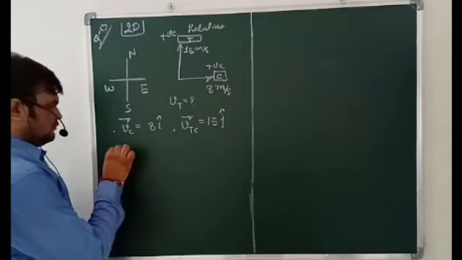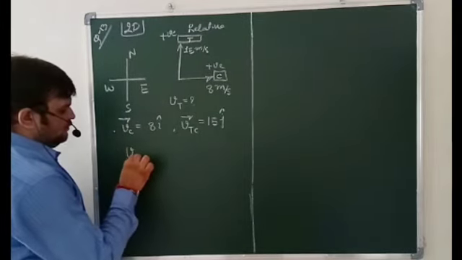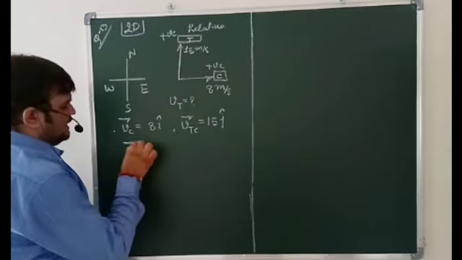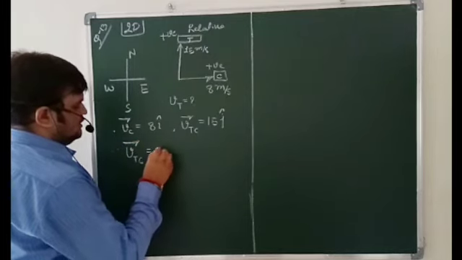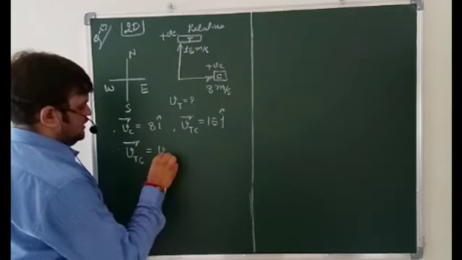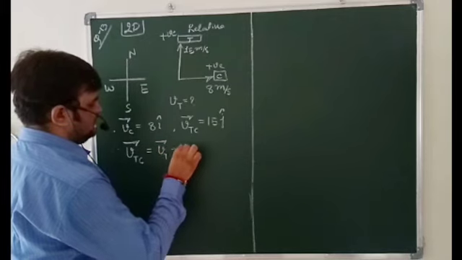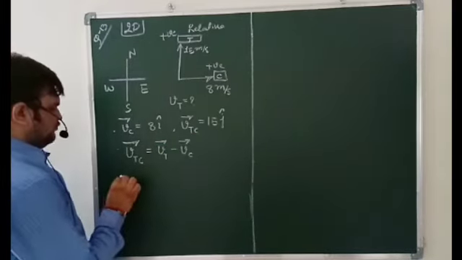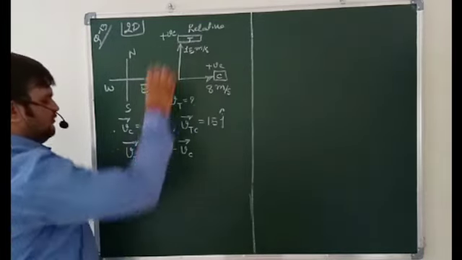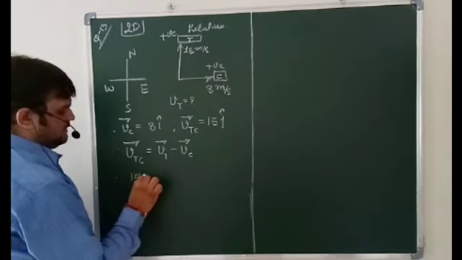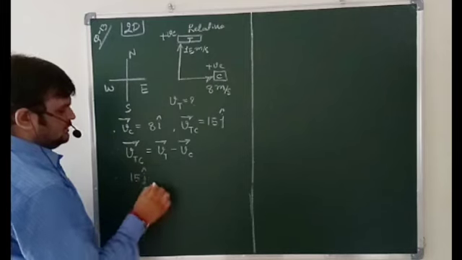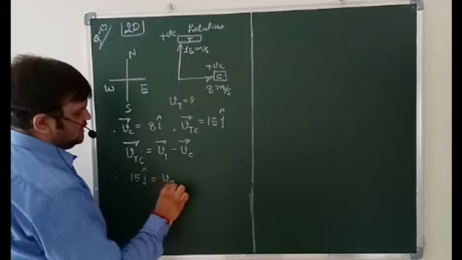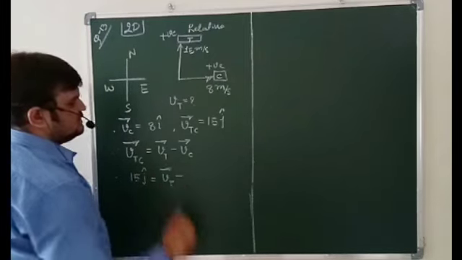So the velocity of train with respect to car is vt minus vc. So vtc, that is 15 j caret, is equal to vt minus vc.